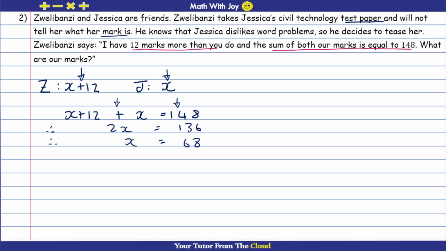That's Jessica's mark. Jessica got 68, so let's write down, Zweli will have 68 plus 12, which is equal to 80, while Jessica will have 68.